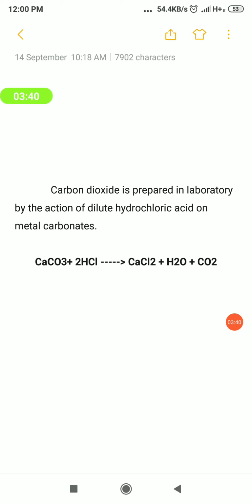A carbonate salt is taken, calcium carbonate, CaCO3. With that hydrochloric acid, HCl, is added. At that time the compounds formed are calcium chloride, CaCl2, water molecule and carbon dioxide. CO2 gas will be liberated. So this is also a way to prepare carbon dioxide.